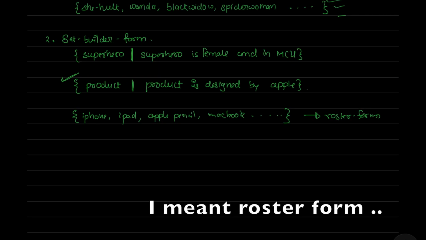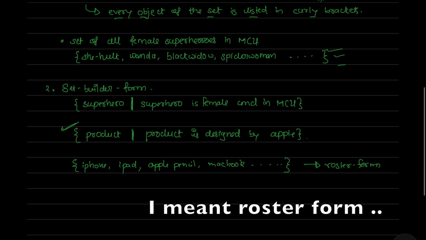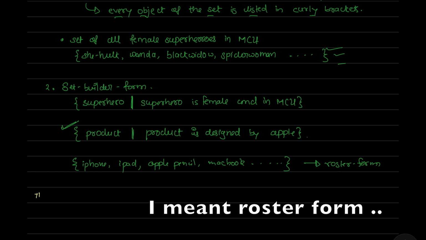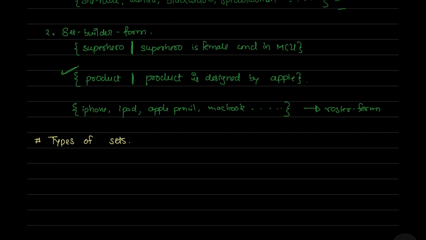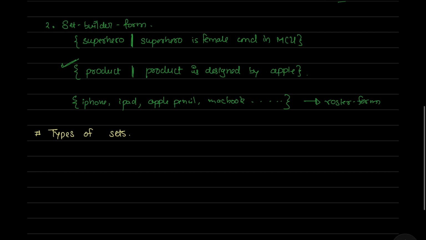Okay. So, the next topic that we have to study now that we know how to represent a set are types of sets. Here we will be studying a few kinds of sets. Let me just list them down. First, we will be studying about empty set, singleton set, then we have finite set and infinite set.